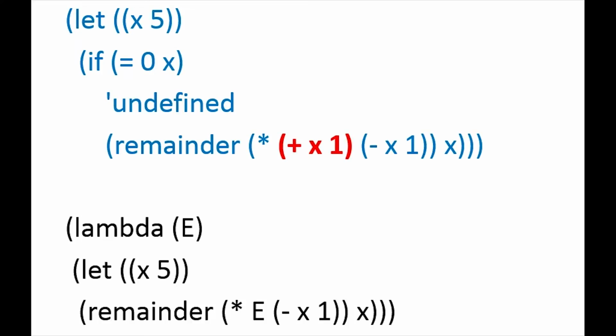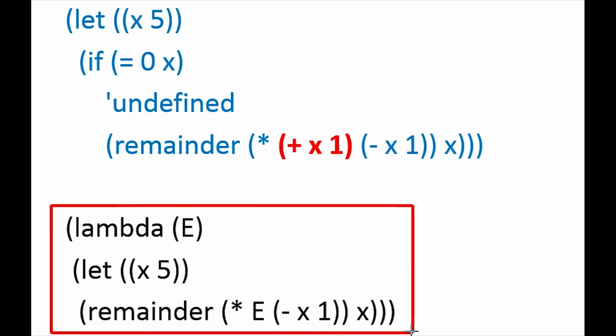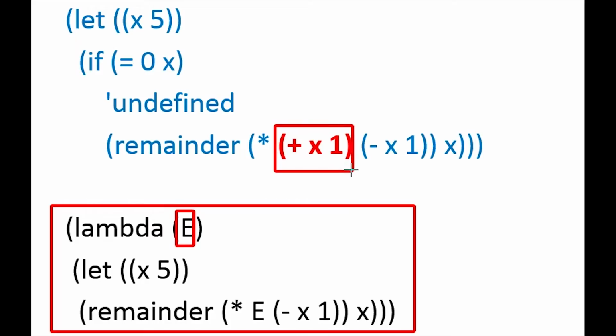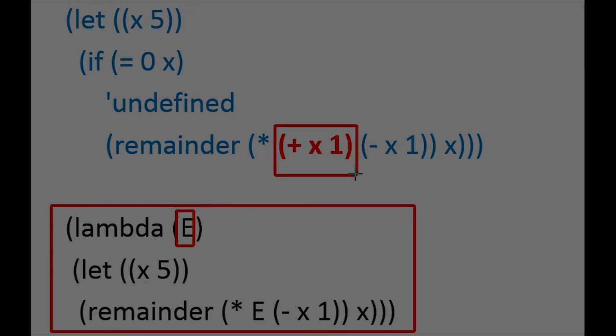So here we have it. The continuation represented as a function is this piece of program. Relative to the binding of x, it is multiplication and remainder. And E again corresponds to this part of our original program.